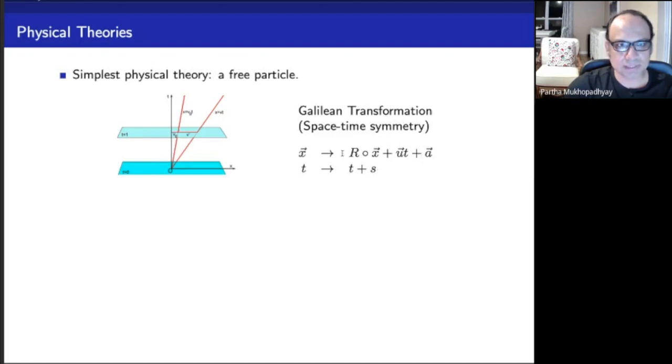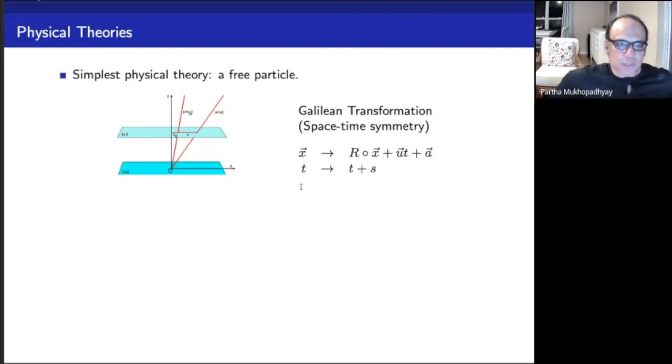Within space, there is a rotation, and there you can give a boost. You can observe the motion while you are moving with a velocity, say u, and watch the particle moving; the general character of the physical trajectory will not change. So what it says is that if you start from a physical trajectory and apply this transformation, you end up getting another physical trajectory, and that is why it is called a symmetry. Now, this description is simple and nice, but it is not suitable for generalizing to more complicated situations.